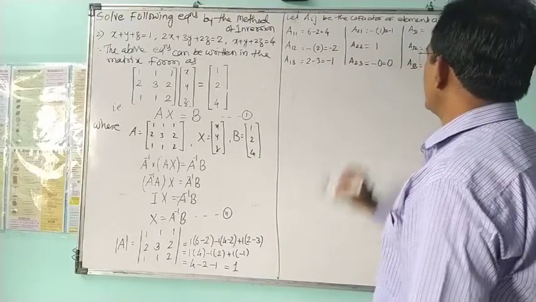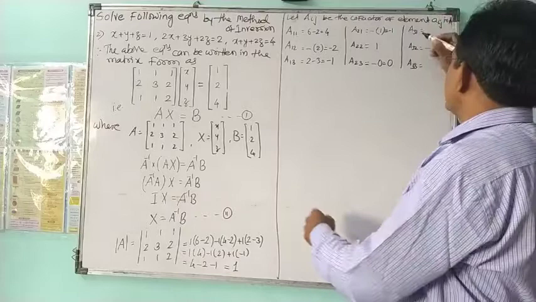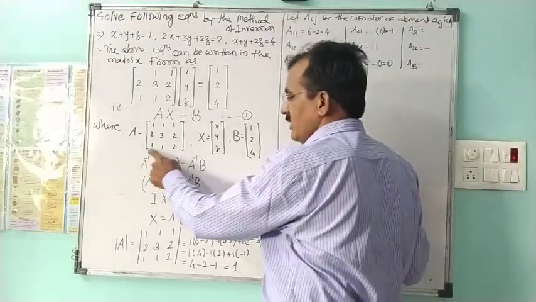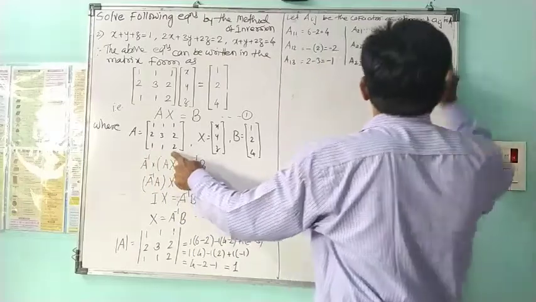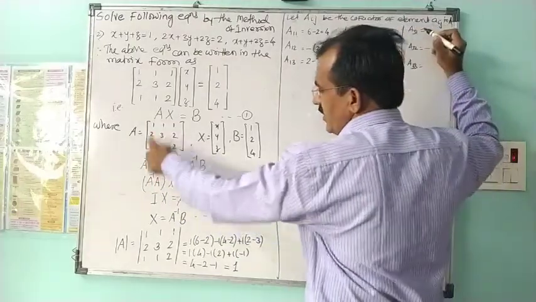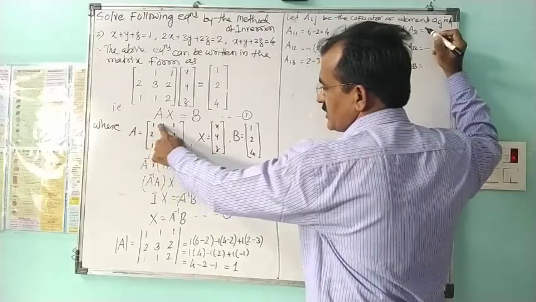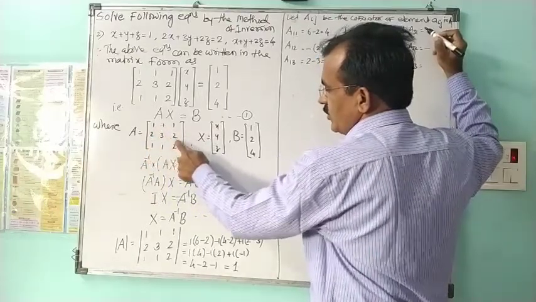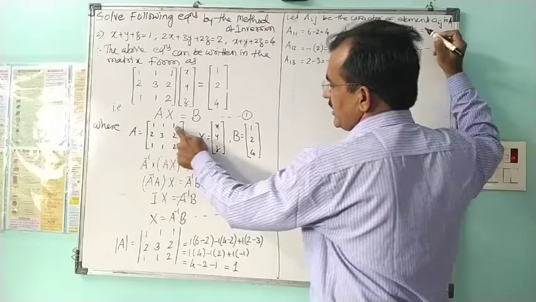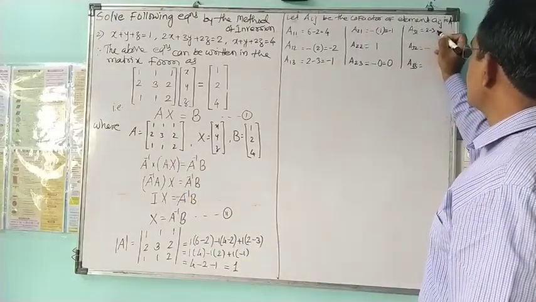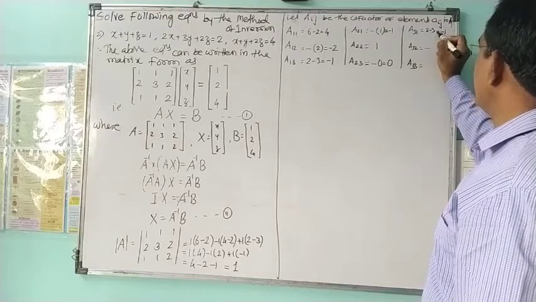It is 0. Now, for the 3 elements we require elimination of the third row. So eliminate the third row with the first column. We will have these 4 elements. The first 2 numbers give us the product 2, and minus 3. 2 minus 3 gives us minus 1.